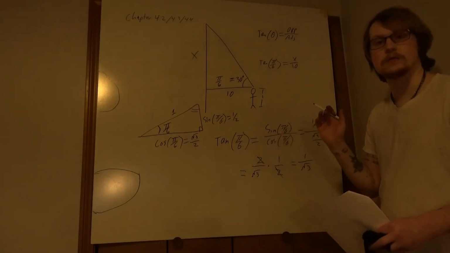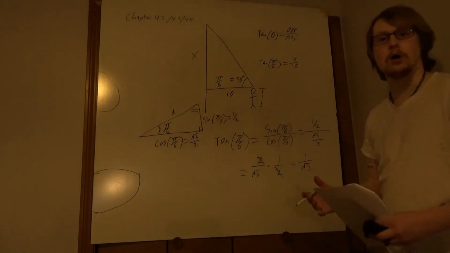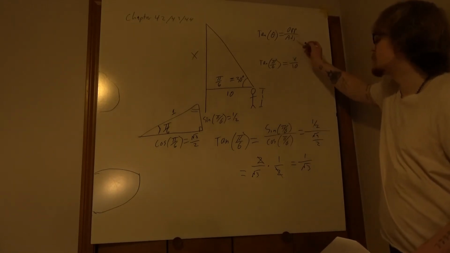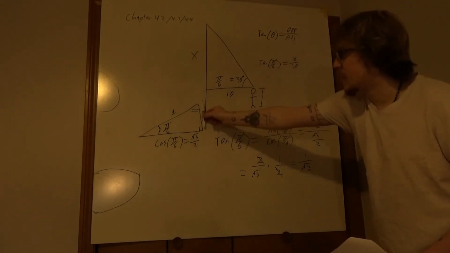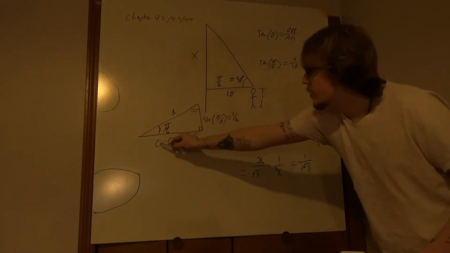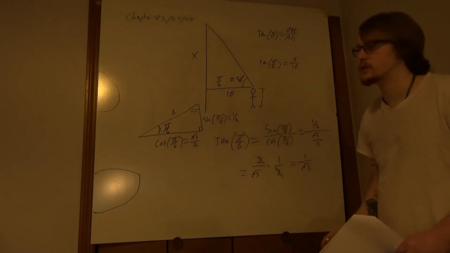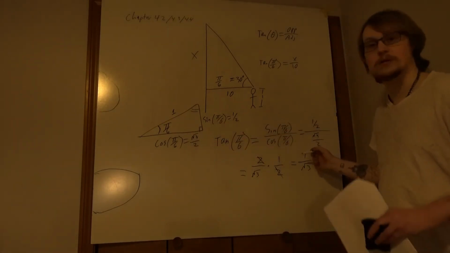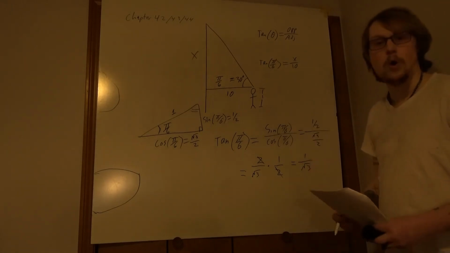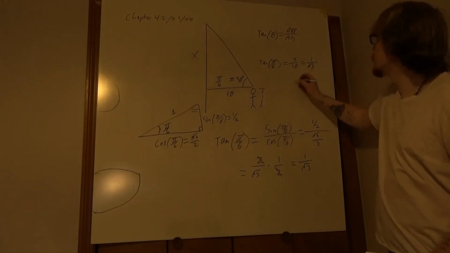And we figured that out simply because on the unit circle, the sine and cosine values are the triangle side length values. And so tangent being opposite over adjacent, we have the opposite side, which is sine of pi over 6, divided by the adjacent side, which is cosine of pi over 6. We know what those two values are because we found them geometrically, and we take their ratio and we get 1 over root 3.